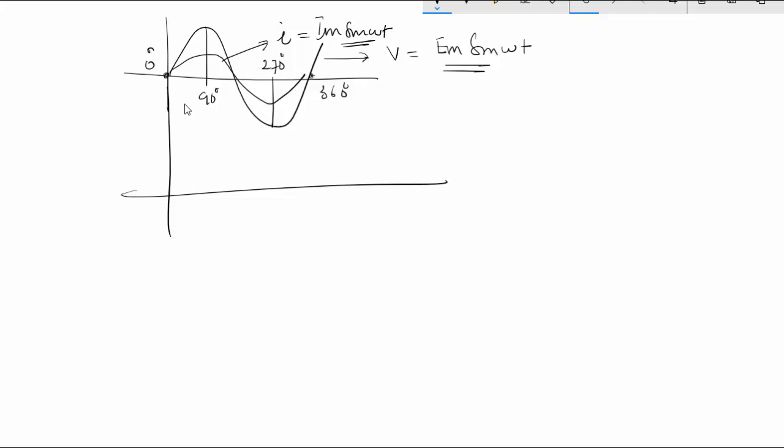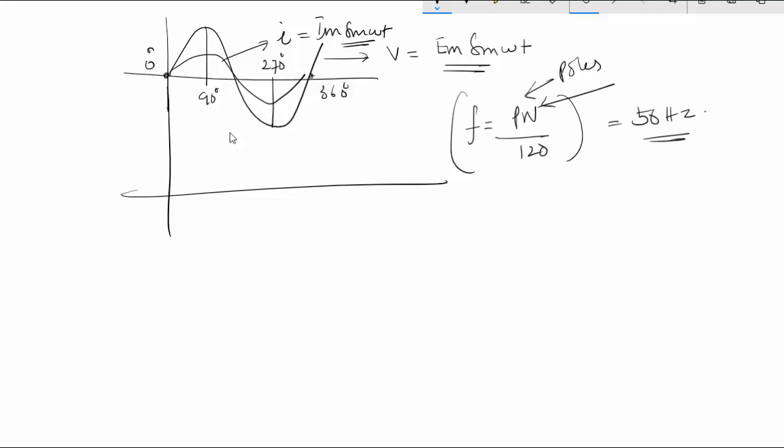So these are the basic equations of the current and the voltage, and the frequency is given by f is equal to Pn divided by 120, usually for generators. So to have a frequency of 50 Hertz, you will need to choose the number of poles and the speed of the generator in such a way that it gives you 50 Hertz, or based on the speed it is possible to decide the poles and design it.